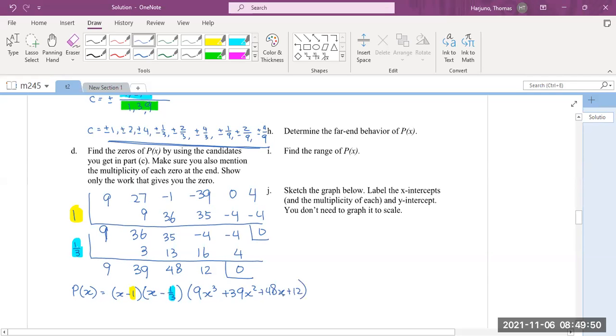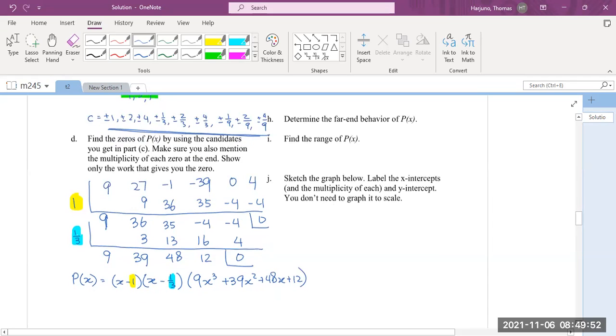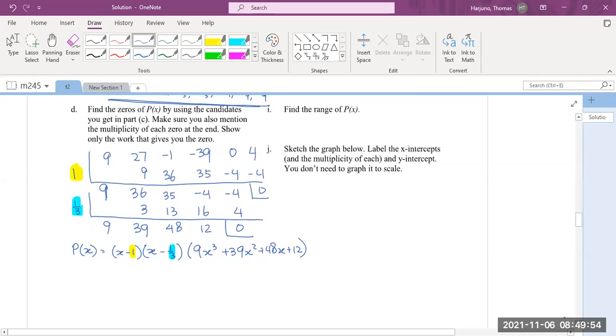Now, before I go on, we update our list of possible zeros and rational zeros. First, on the positive side, there's no variation of sign already here, so there are no more positive zeros.